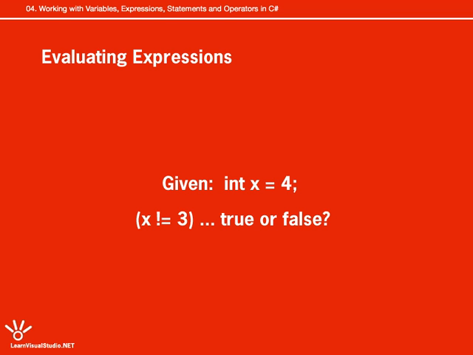And just to explain the operator that's used here, the exclamation point combined with the equal sign evaluates to not equals. So in that case, the answer is true. 4 is not equal to 3. Okay, so we learned about a couple of new operators that we can use to evaluate an expression. And now you're ready to move on to the next lesson and apply some of this newfound knowledge to branching and iteration statements.